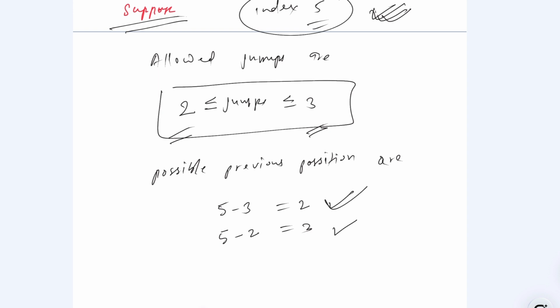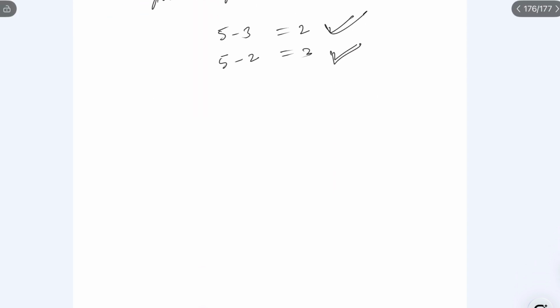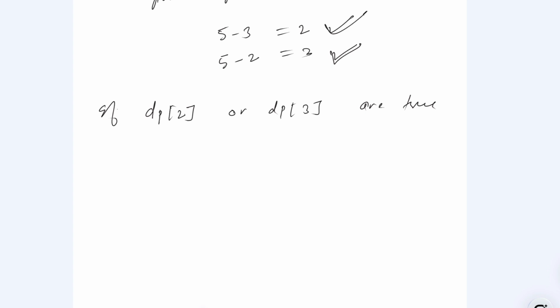Only index 2 or index 3 can reach 5. So what we will check is whether dp at 2 or dp at 3 is true.